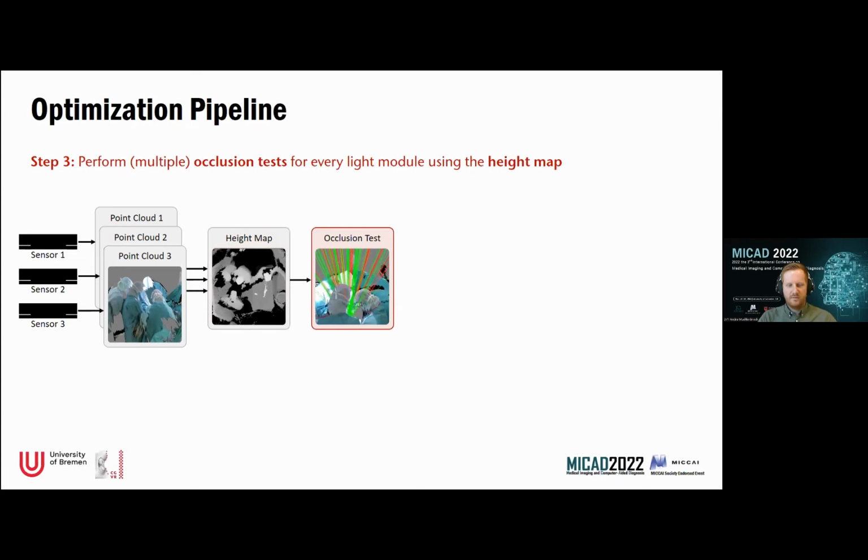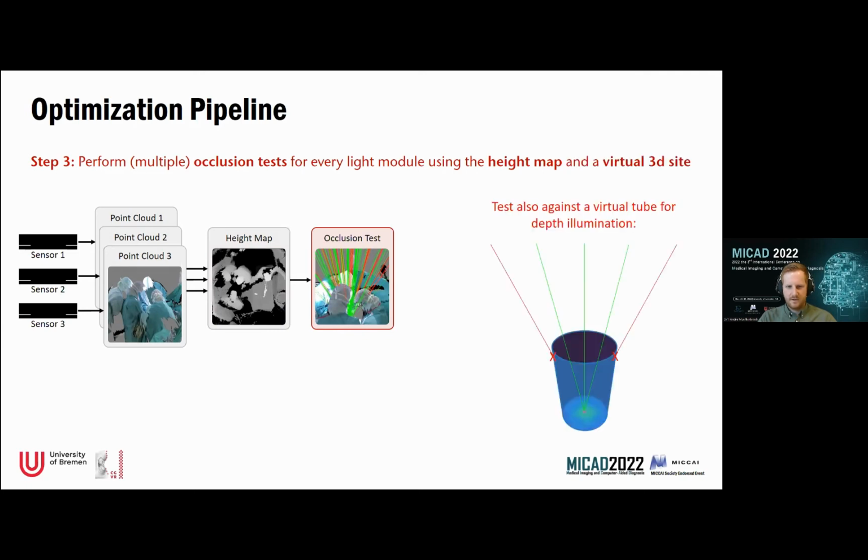Then we perform multiple occlusion tests of rays between the light modules and the surgical site and calculate a floating point value for each light module of how much light is blocked on the way to the site. We do this efficiently by projecting the rays onto the height map and searching along the pixels.